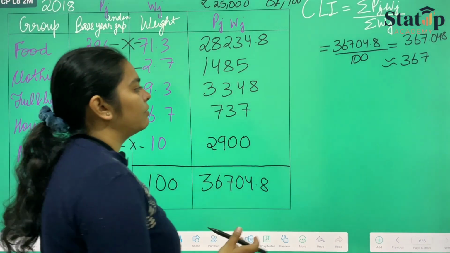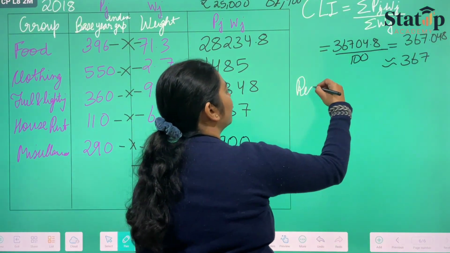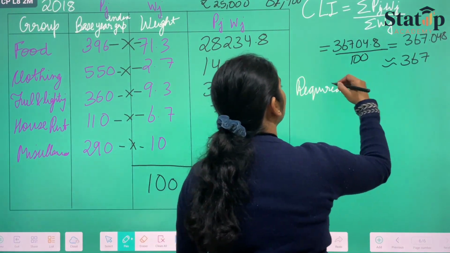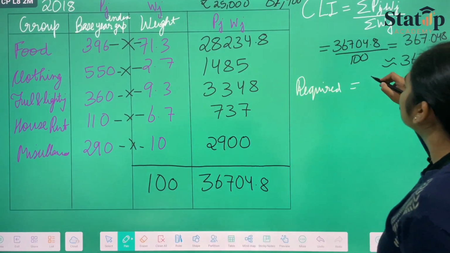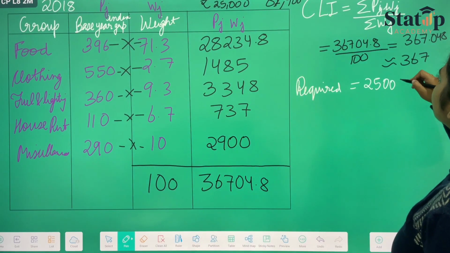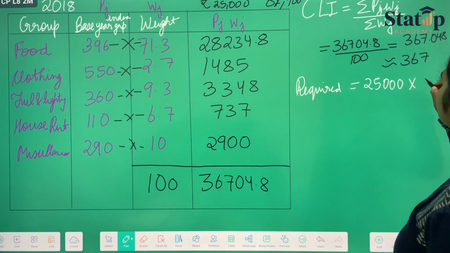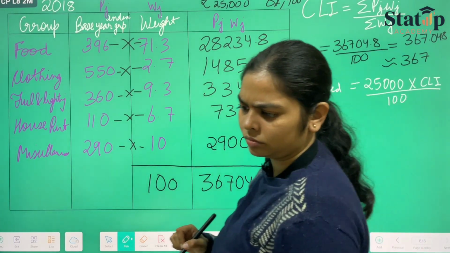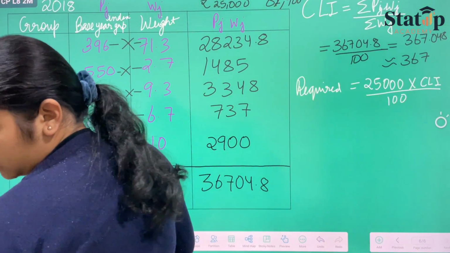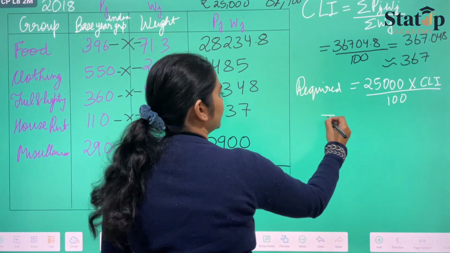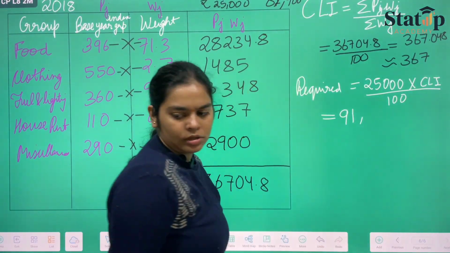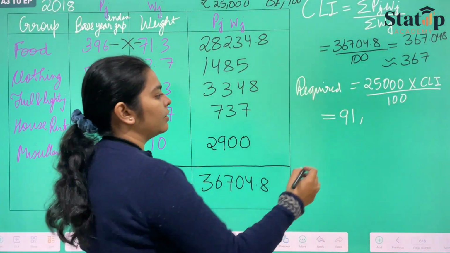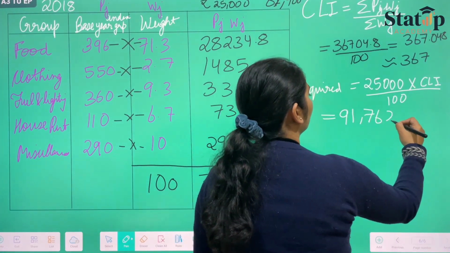So first of all, we'll find the required salary. Required salary is base salary into cost of living index, into 1 upon 100. So this will give us 91,762.5.